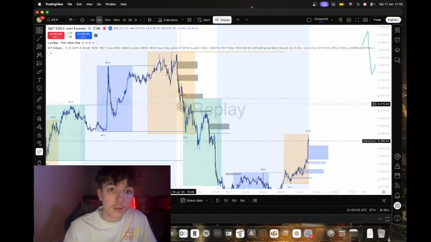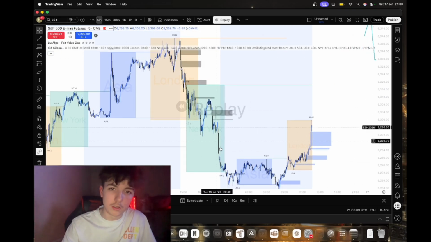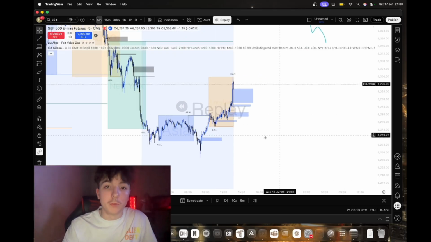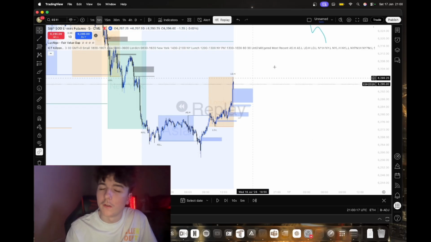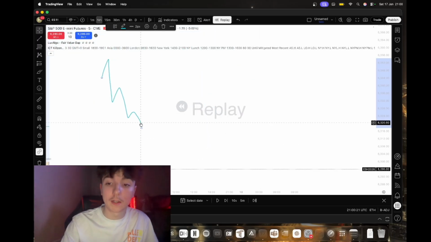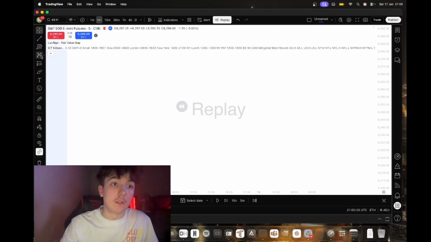Lower high, lower low. Downtrend. And then look, it just continues carrying on this way until we move into an uptrend.